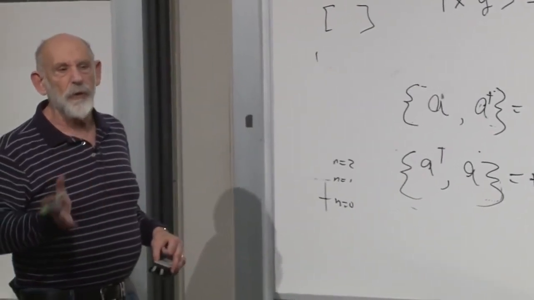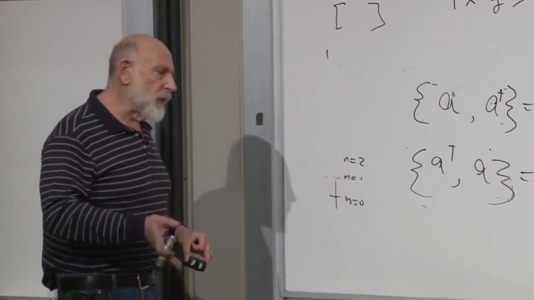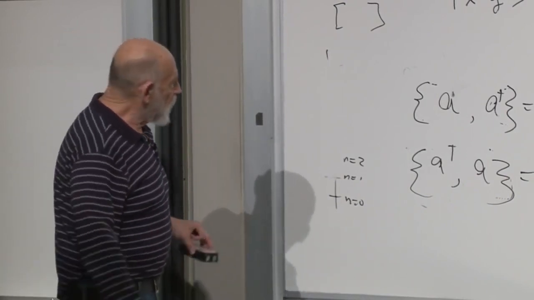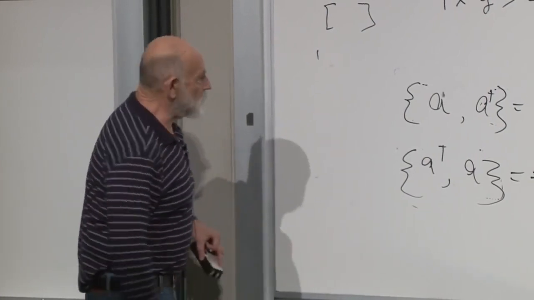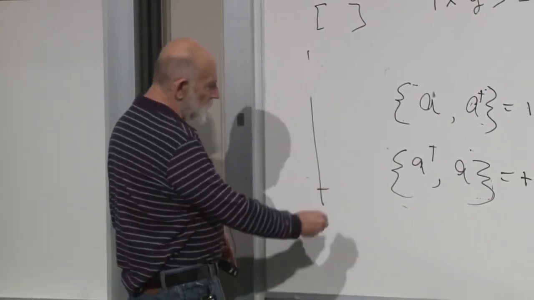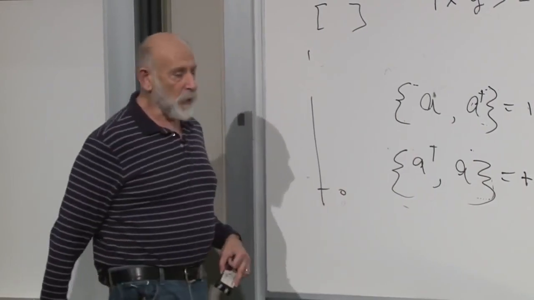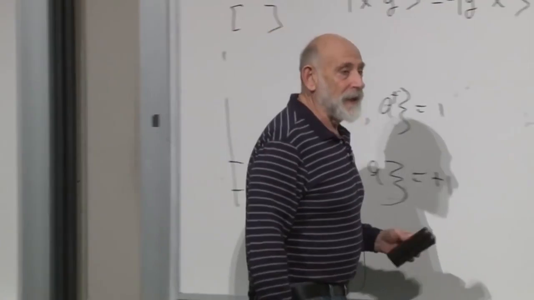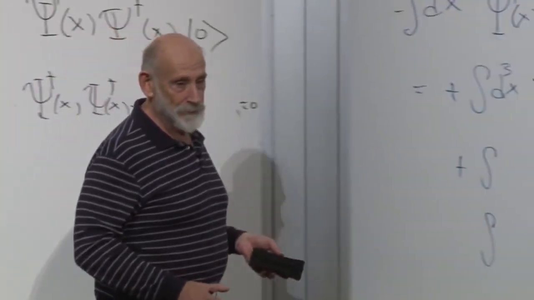Let's say it's a fermion with only one state, in the ground state of the hydrogen atom. What can you have? The answer is you either have no particle or you have one particle. You can't have any more than one, and you can't have any fewer than 0.